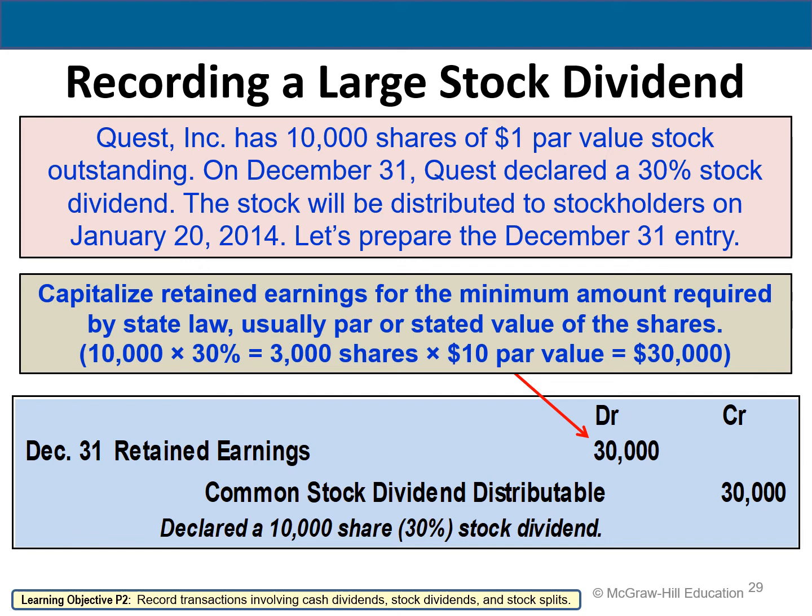So we're going to issue another 3,000 shares. We have a par value of $10. So that's going to be a $30,000 reduction to retained earnings. And we're going to record a common stock dividend distributable liability account for $30,000.